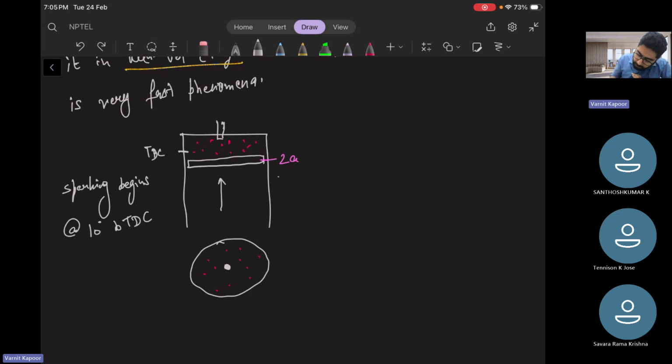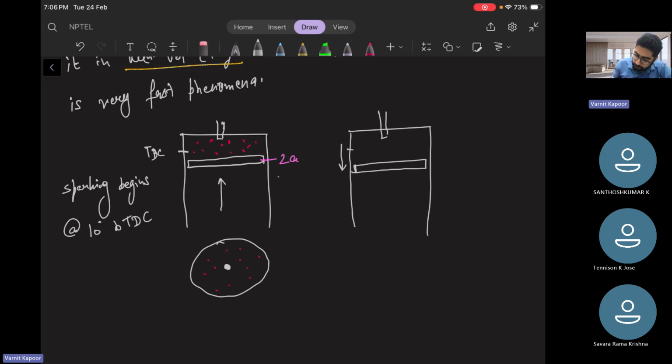And then in the other scenario, pressure has increased, and it's going back in this side.